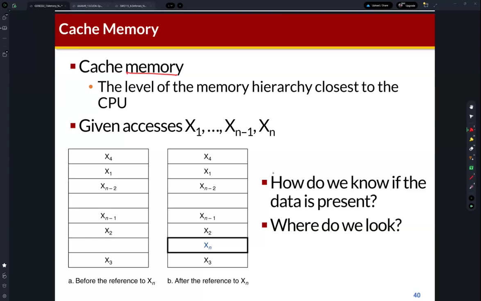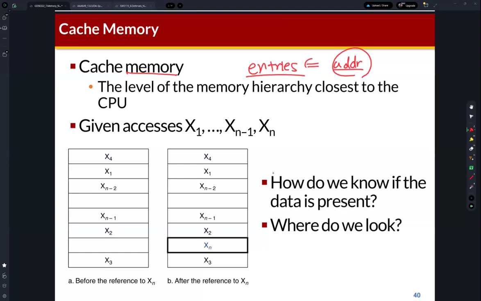So memory includes multiple entries, and then we can access a certain entry using an address, right? So cache is also memory, okay?